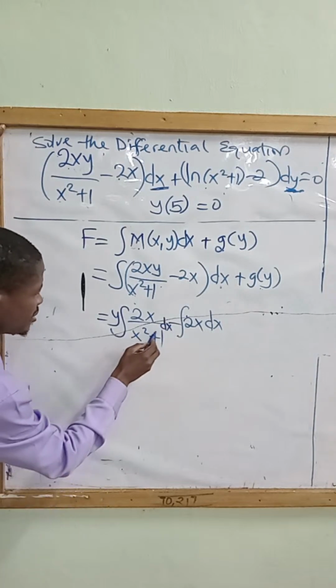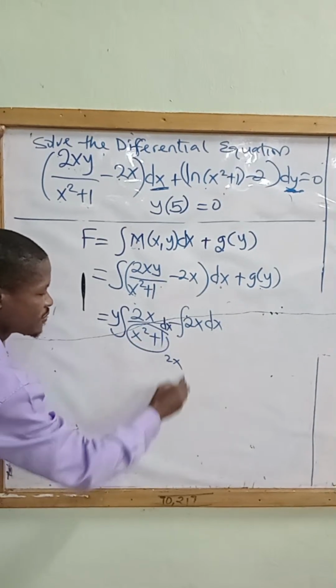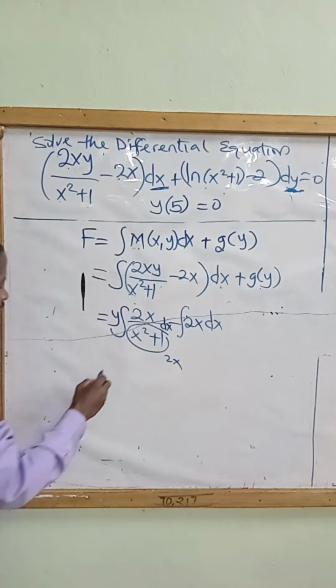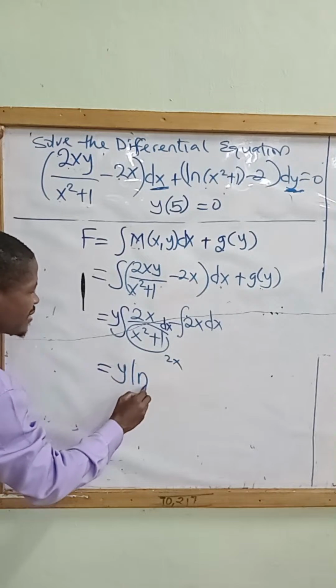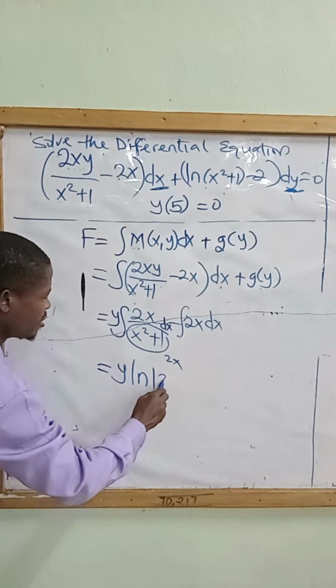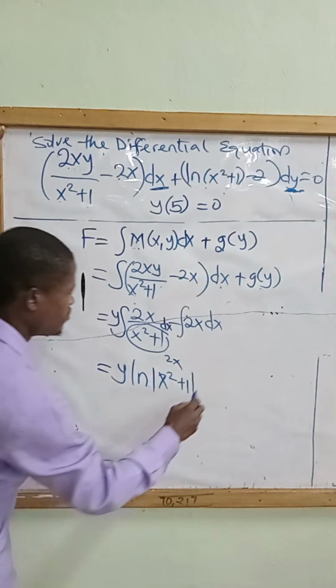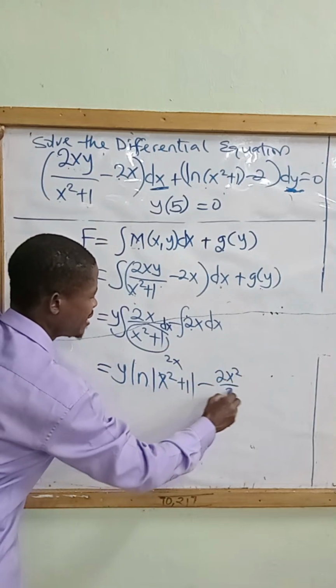Look at this one. The derivative of the denominator is 2x, which is equal to the numerator. And that will be equal to y times the natural logarithm of the denominator. And then minus here, that will be 2x squared over 2.